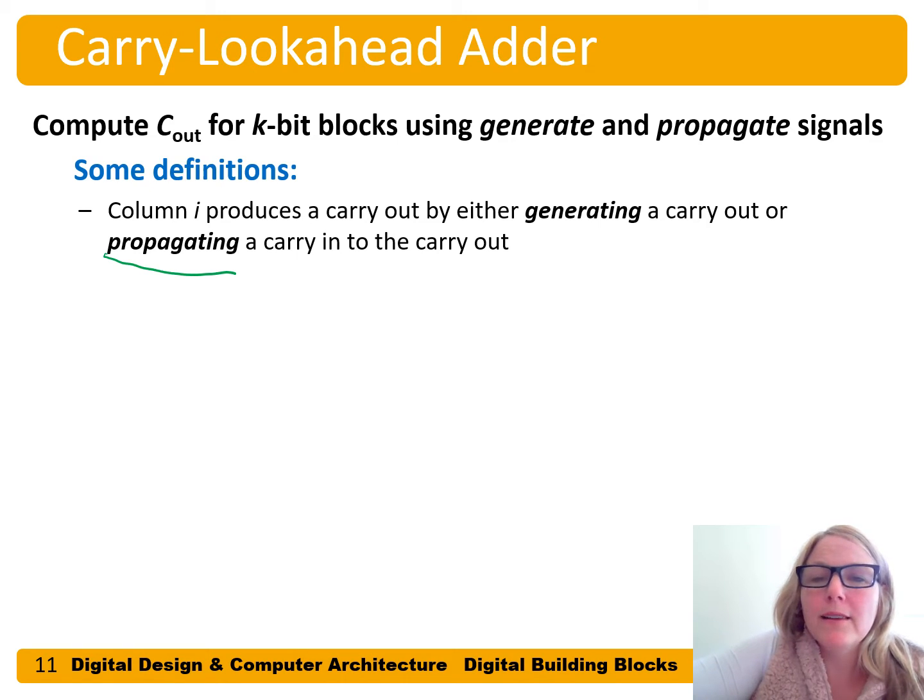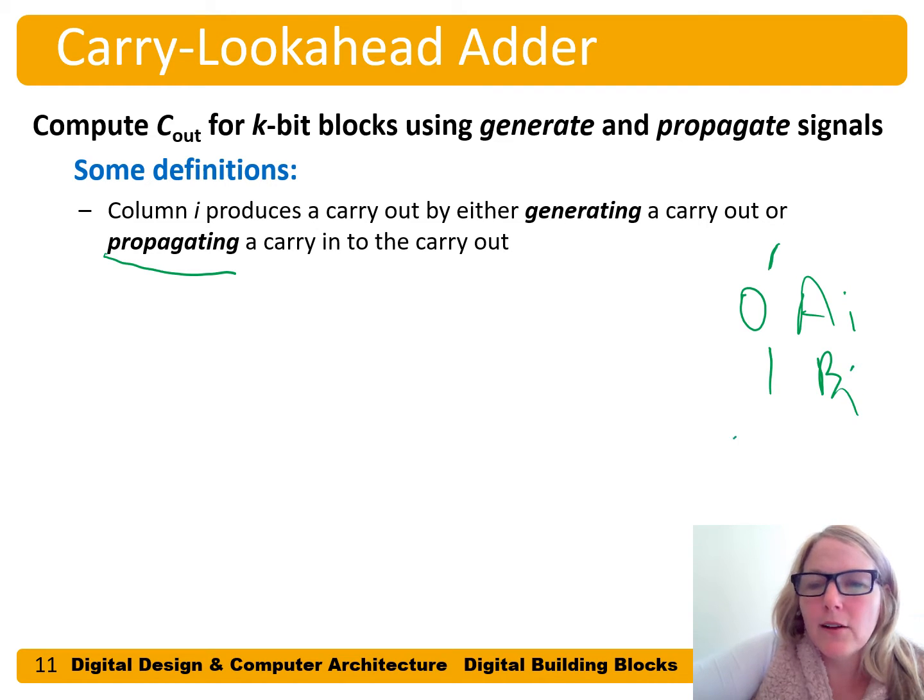Propagating means it depends on if there's a carry in. But if a carry in were there, it would propagate it to the carry out. For example, if A sub I and B sub I were 0, 1, and a carry came into that column, yep, it would get propagated because at least one of those is 1.